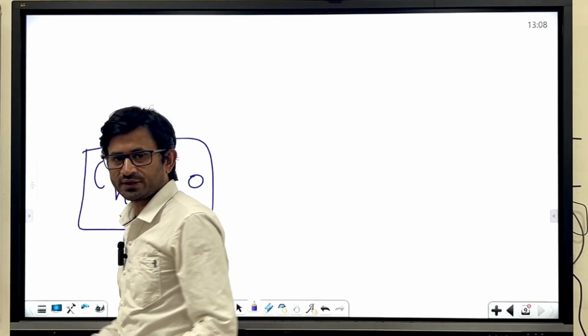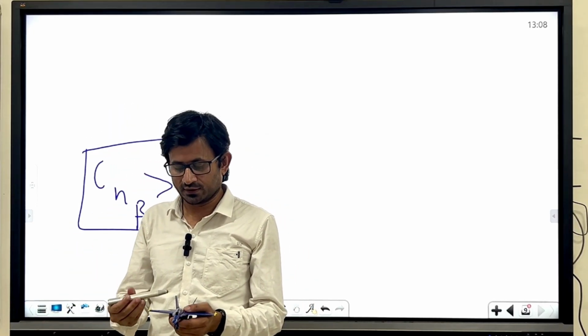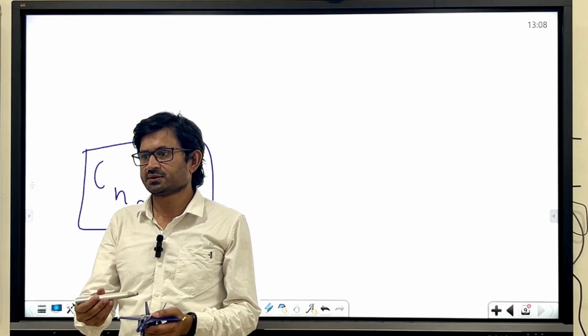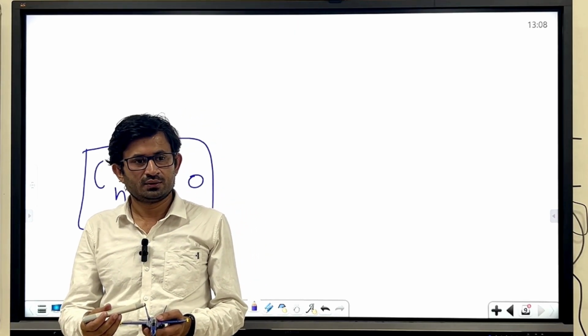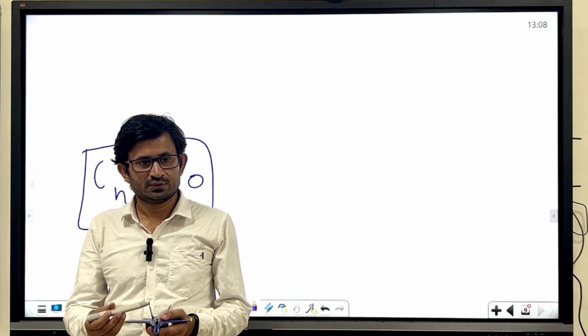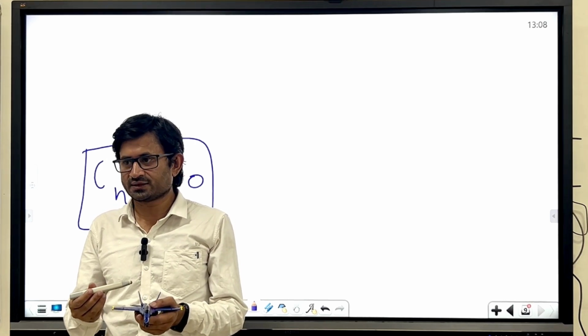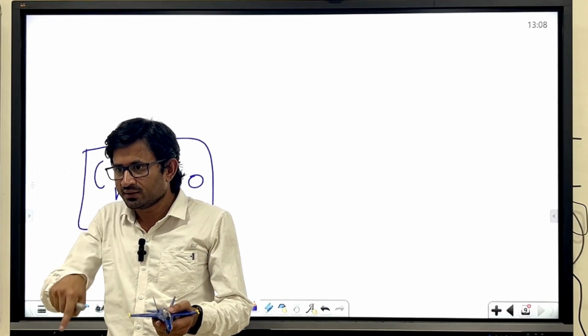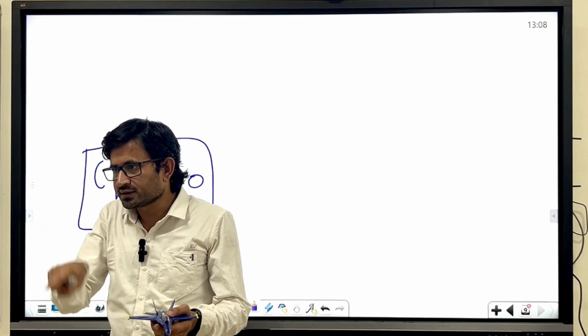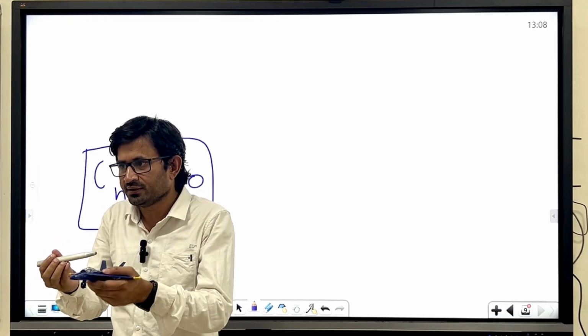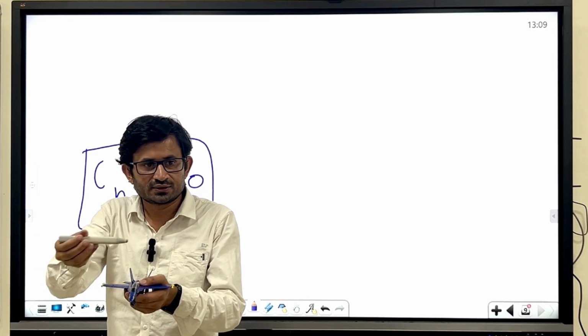Now, how is it coming? As I already told, the vertical tail force is coming. This force acts at some distance from the CG, as we saw in the last class. Now we will take this distance.